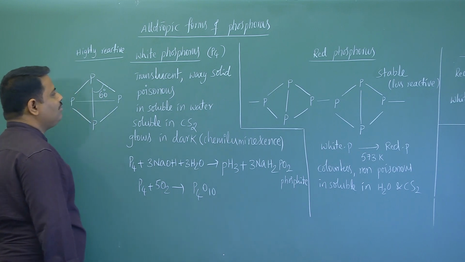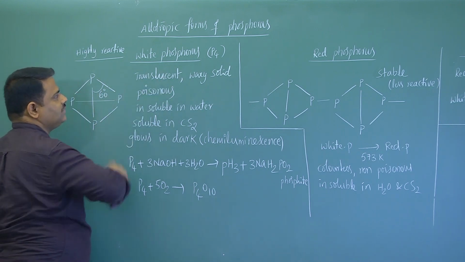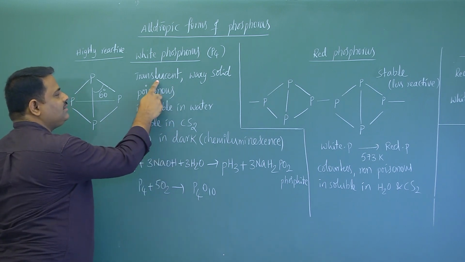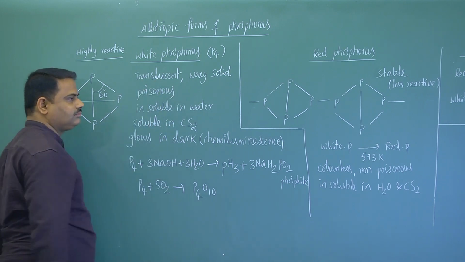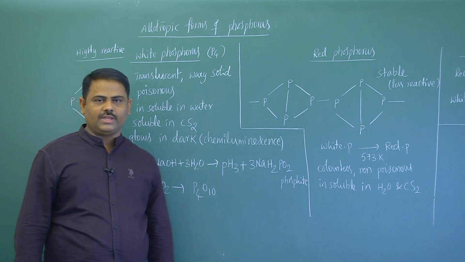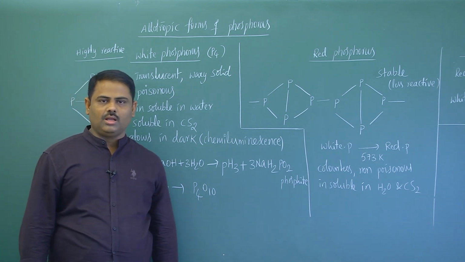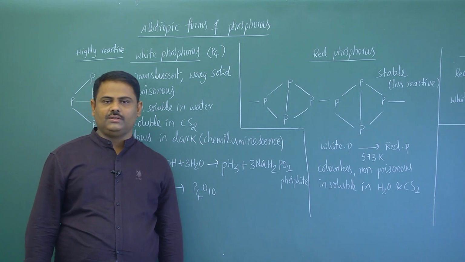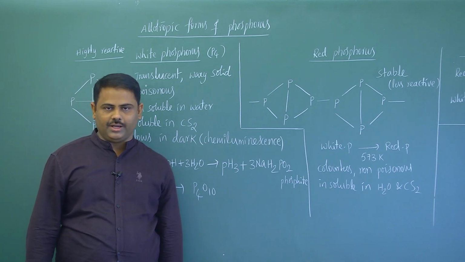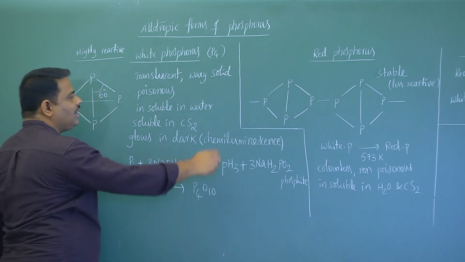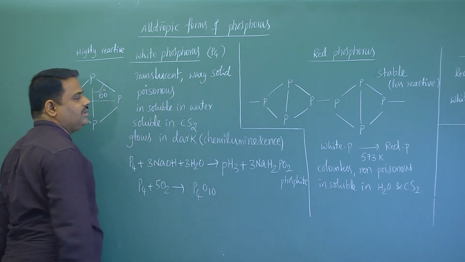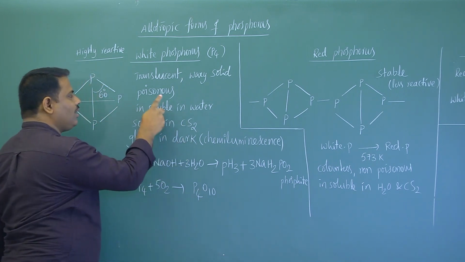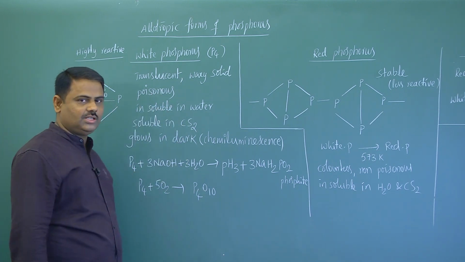Now come to some properties of white phosphorus. So white phosphorus is translucent. Translucent means almost transparent. So white phosphorus is a transparent solid. And it is a waxy solid. This is like wax. And this is poisonous. White phosphorus is poisonous.